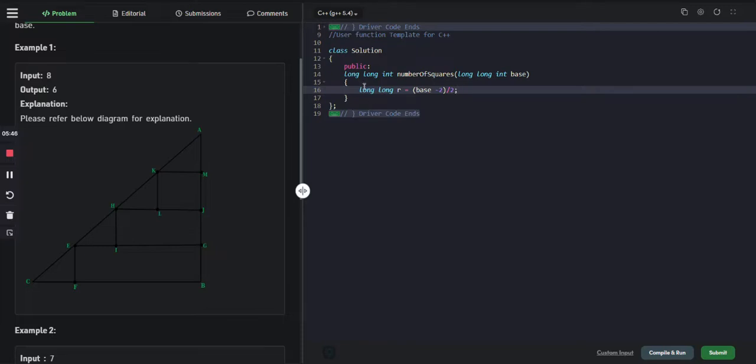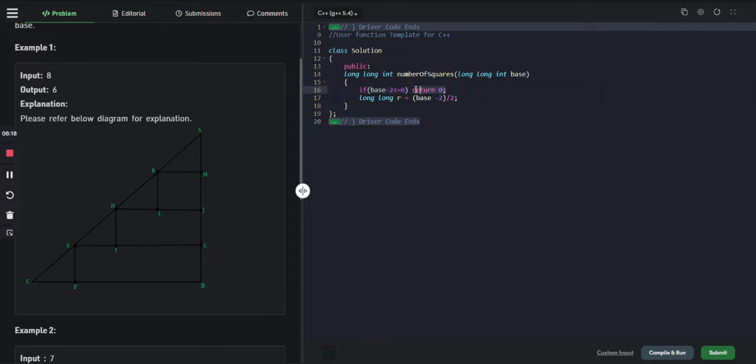And one more thing is that if our base minus 2 is less than or equal to 0, then we can just return 0, because if the base is less than or equal to 2, in that case we are having 0 squares.